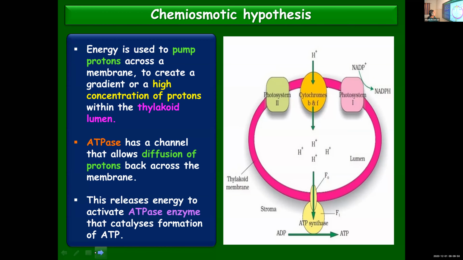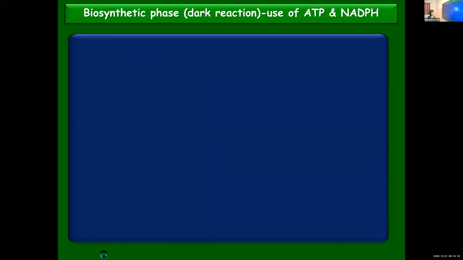Already by some means protons have reached the lumen, but the enzyme has a transmembrane channel, CF0, through which protons will diffuse out, and this releases energy, bringing about a conformational change in CF1, making it synthesize ATP molecules. With that, we have completed the chemiosmotic hypothesis, and also the first phase of photosynthesis, that is light reaction.